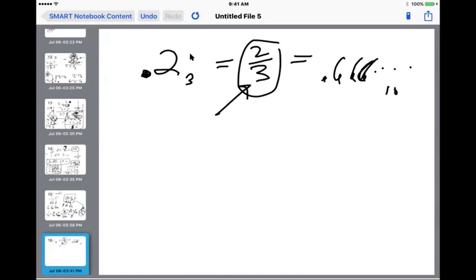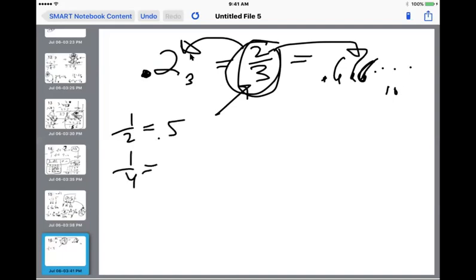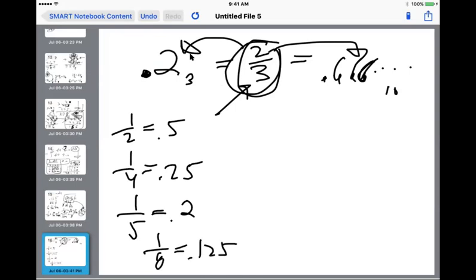So a fraction like 2/3 could be a non-terminating decimal in base 10 while being a terminating decimal in some other base. In base 10, 1/2 terminates, 1/4 terminates, 1/5 terminates, 1/8 terminates, but 1/3 does not.